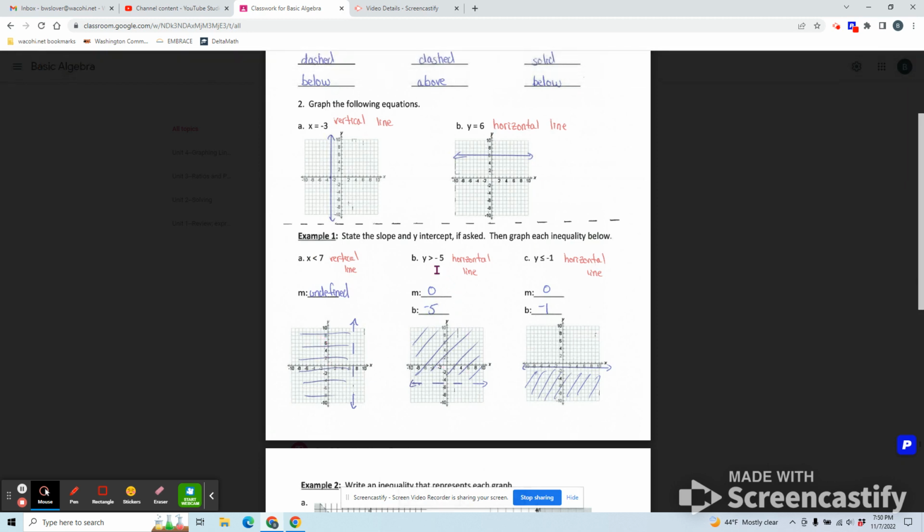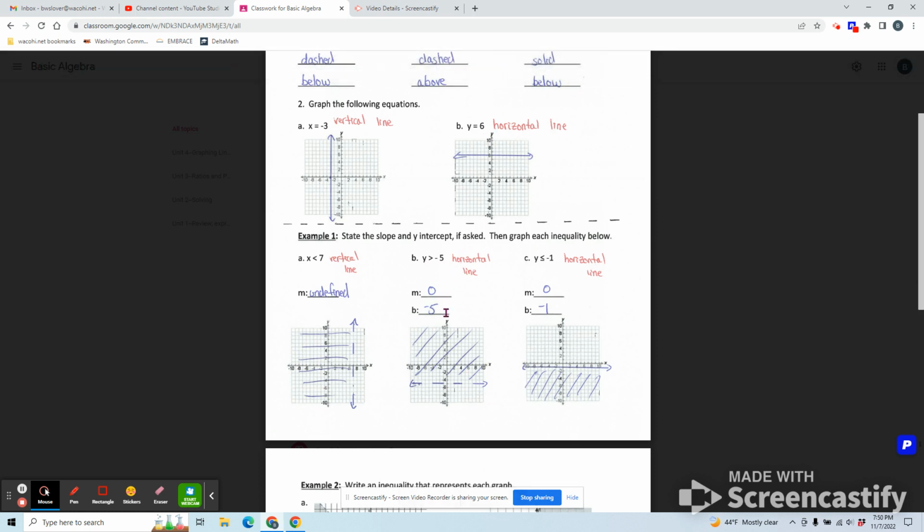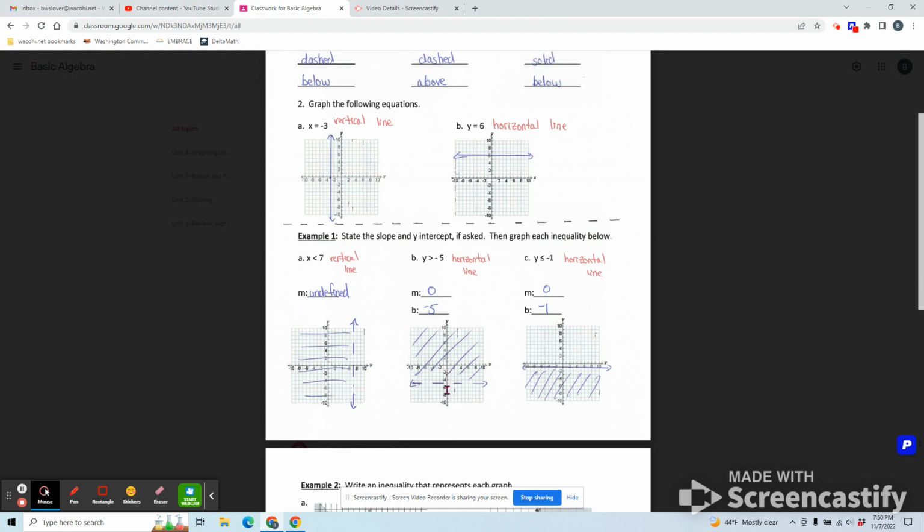Letter B. So now I have y is greater than negative 5. So I have a horizontal line, just like I had in the warm-up. My slope is 0, and my y-intercept is negative 5. So I didn't have a y-intercept on letter A because this vertical line did not cross the y-axis. That's why I didn't ask you to list a b value. But over here, this one does cross the y-axis. It crosses at negative 5.